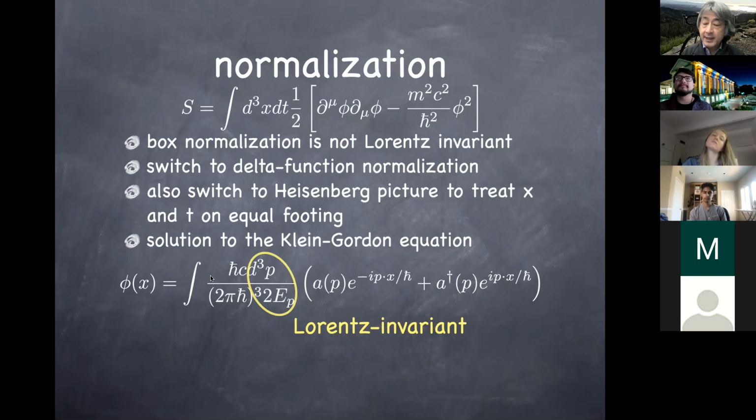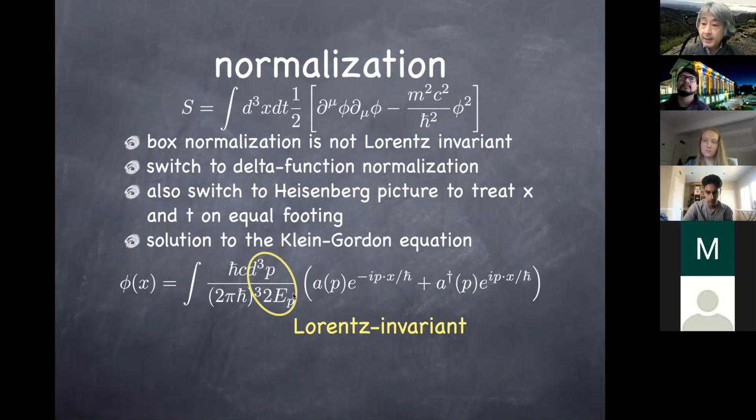So using 1 over energy, which is well defined for any given momentum, gives the same behavior, but now this combination has a Lorentz invariant meaning. That's why d^3p over 2E is what we call Lorentz invariant phase space.